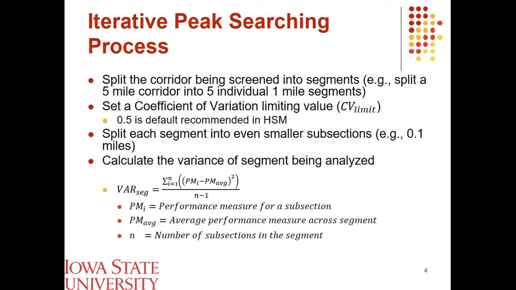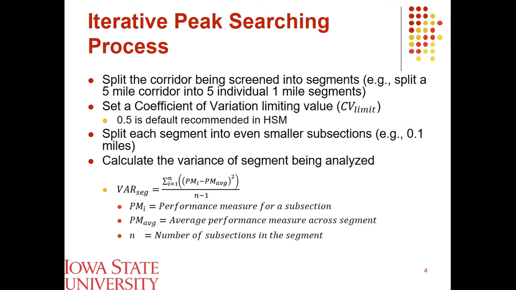So we would perform this calculation 5 times if we have 5 1-mile segments. And the variance of the segment is calculated by looking at the performance measure for each subsection versus the performance measure averaged across the entire segment, and then divided by the number of subsections minus 1, just a simple formula for variance.